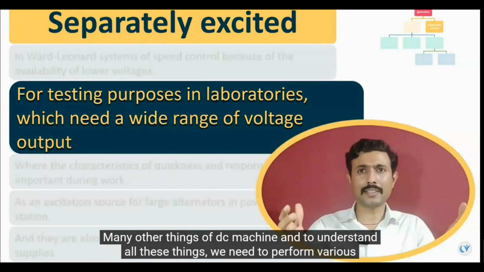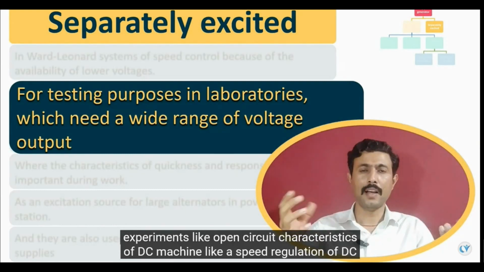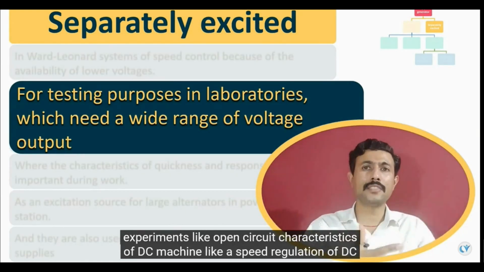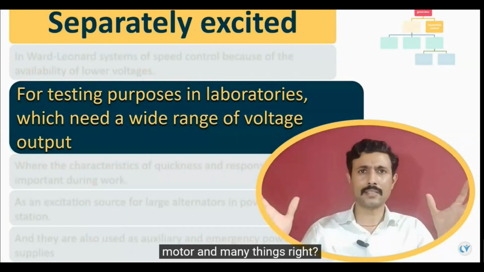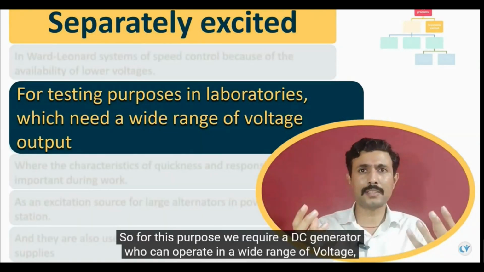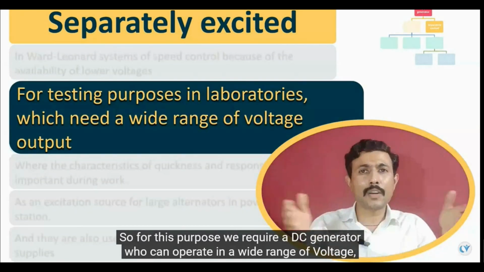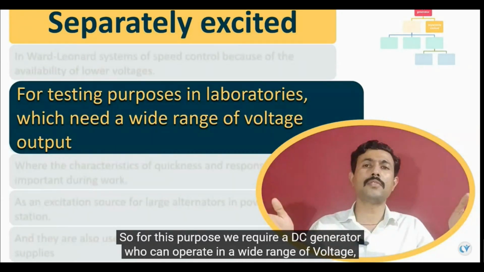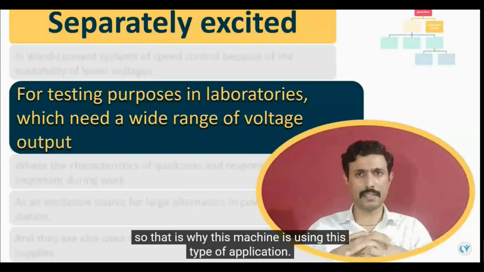To understand all these things, we need to perform various experiments like open circuit characteristics of a DC machine, speed regulation of a DC motor, and many things. Right? So for this purpose, we require a DC generator which can operate in a wide range of voltage. So that is why this machine is used in this type of application.